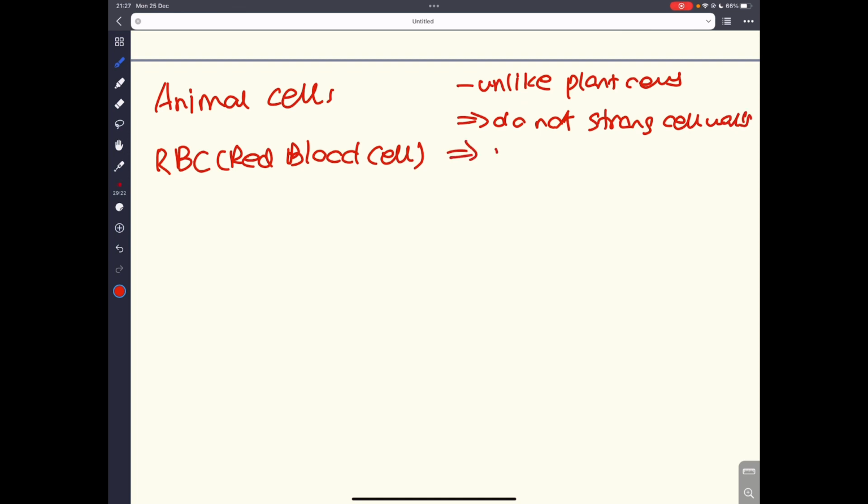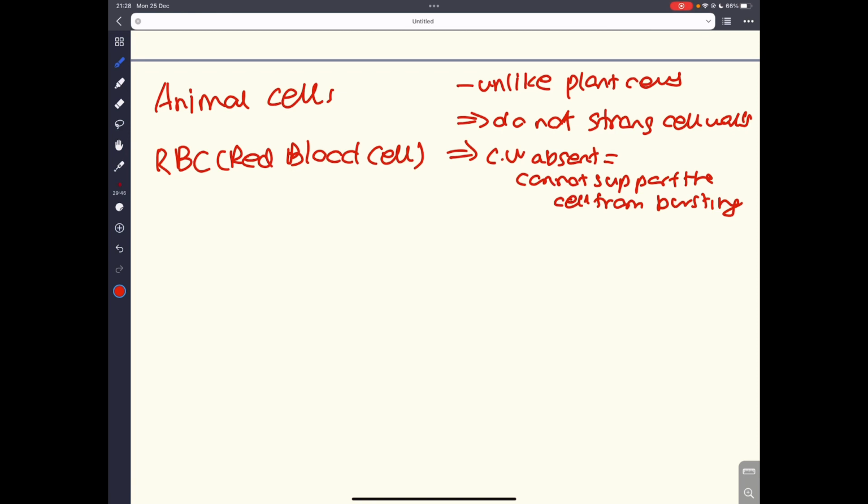This means that the cell wall is absent, and therefore cannot support the cell from bursting. So red blood cells will burst if you put them inside a really, really high concentration.